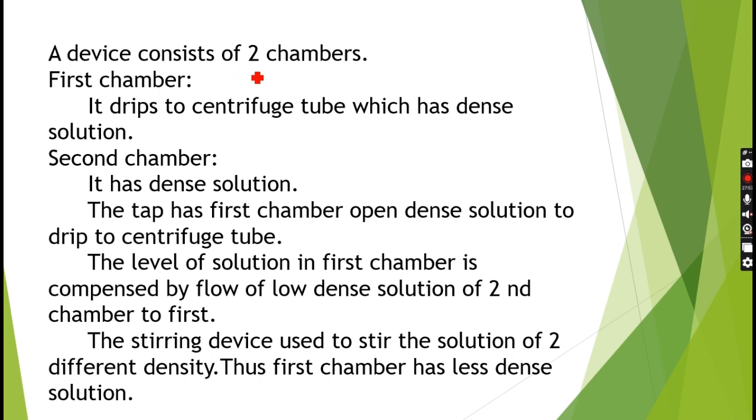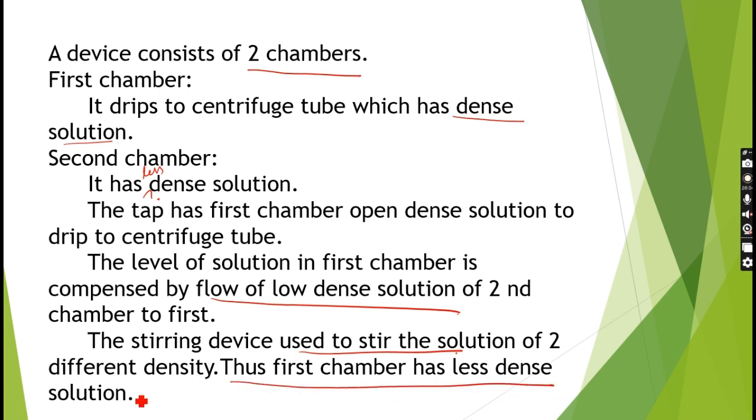So here is the explanation. It is going to have two chambers. The denser solution is going to drip into the centrifuge tube, and after a while it will stop. Then the second chamber has a less dense solution, which is poured into the first chamber. The level of solution in the first chamber is compensated by the second chamber. A stirring device is going to stir it. Based on this, solutions of different density can be made.